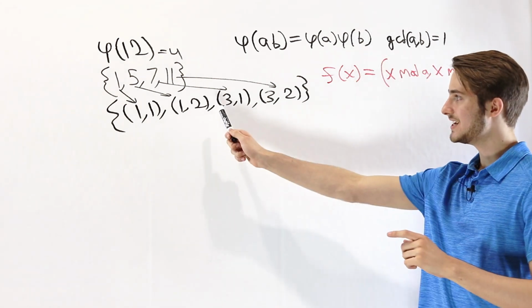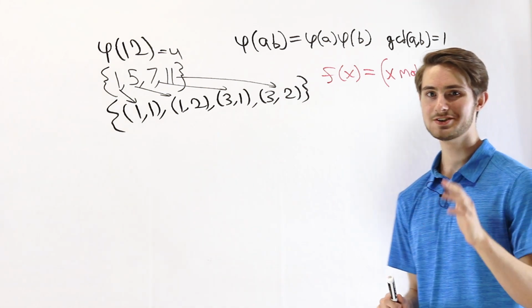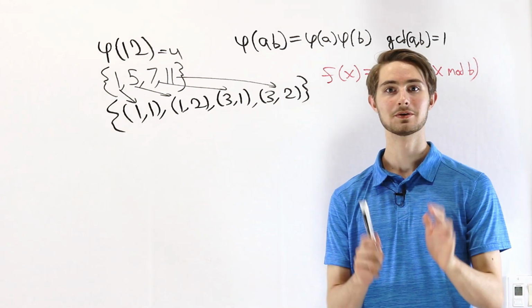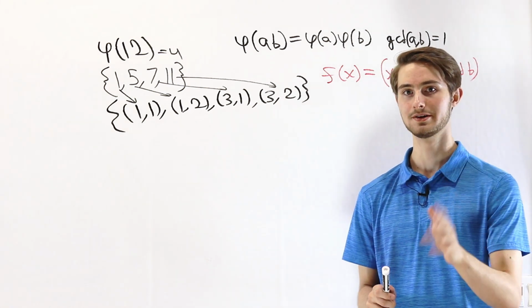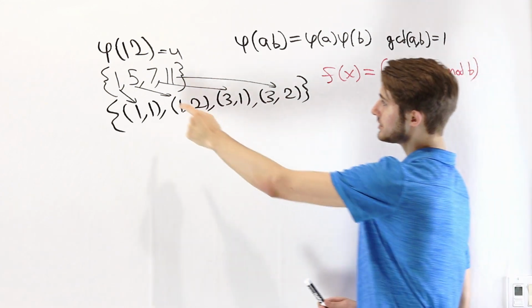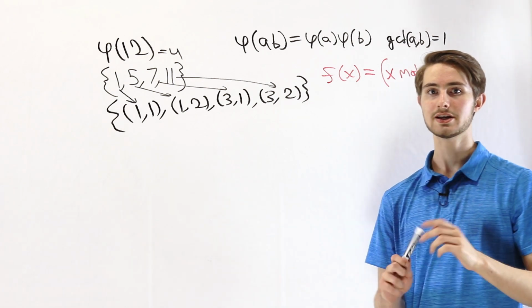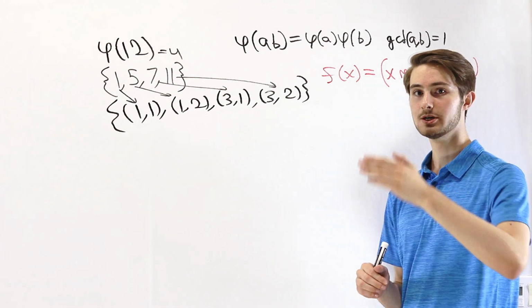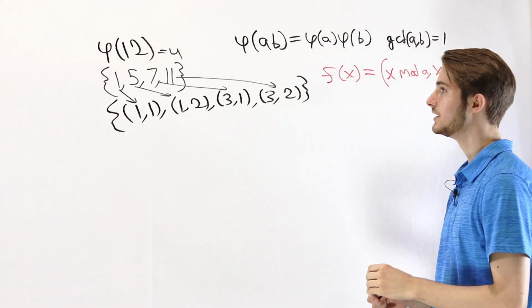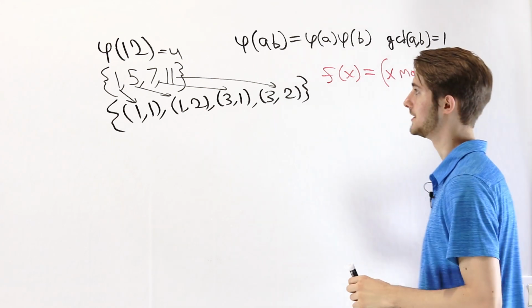In order to understand how this works and where the Chinese remainder theorem comes in, we're going to take a look at coprime numbers. Remember that this first set is related to phi of ab, and that's talking about all of the numbers between 1 and ab that are coprime to ab.